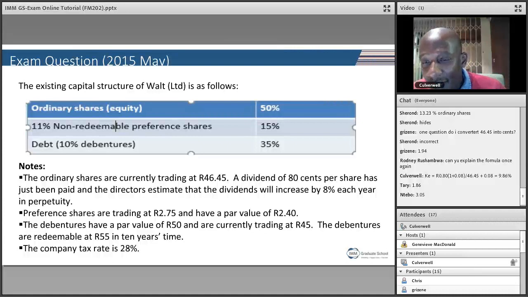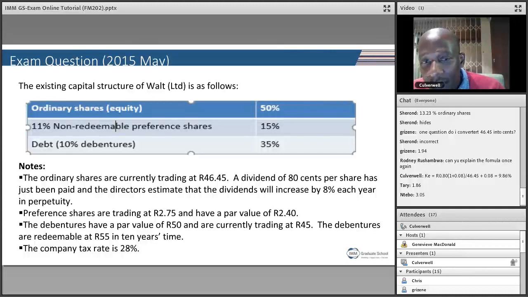9.86 instead. Look at how I did my calculation there. Your D0, what was your dividend? They said 80 cents. So if you express 80 cents in rands, it is 0.80. Open bracket, 1 plus G. Your G was the growth rate. In this regard, your growth rate was 8%, which was 0.08.